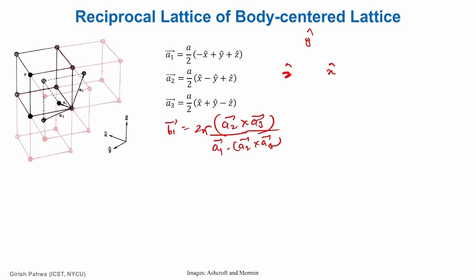But x cross y gives you z, y cross z gives you x, z cross x gives you y again. So anti-clockwise: x cross y gives you z, and you can do similarly.